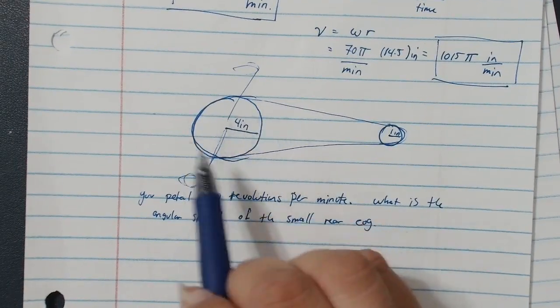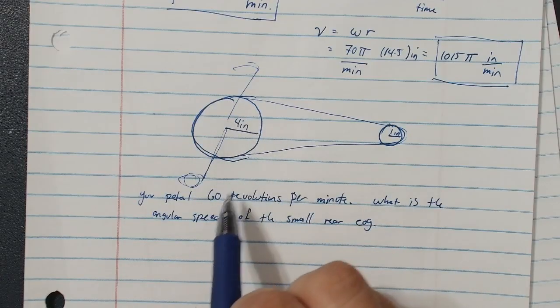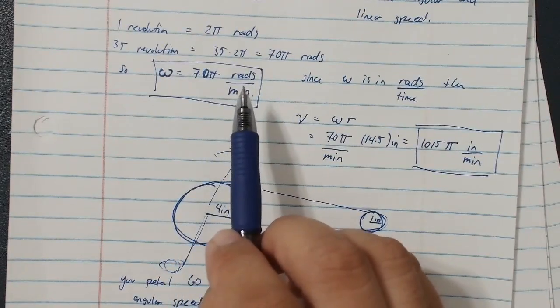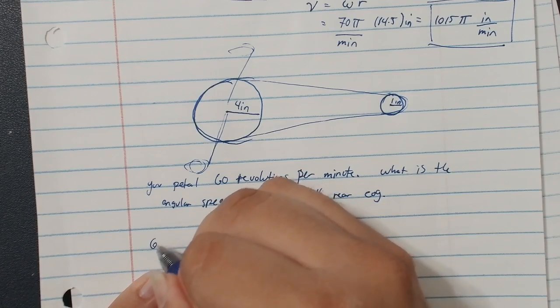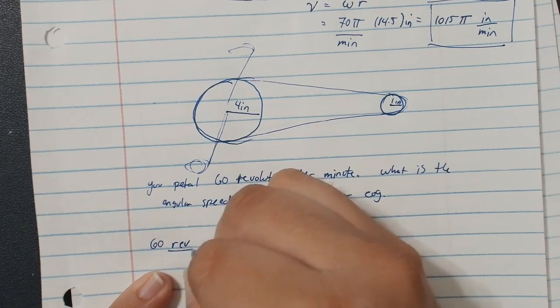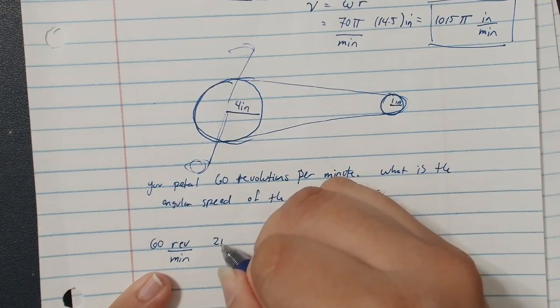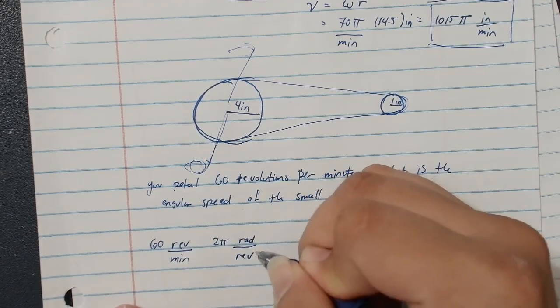Okay, so let's take a look. First of all, we have an angular speed right here. This angular speed is going to be 60 revolutions per minute. But for our formulas to work, we need to be in radians. So 60 revolutions per minute, and there's 2 pi radians per each revolution.